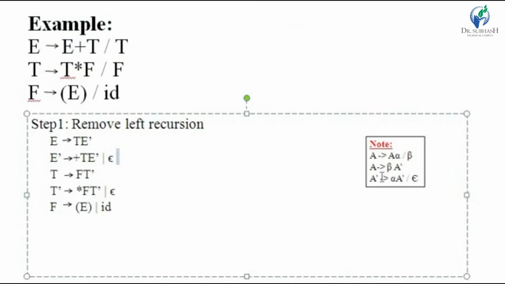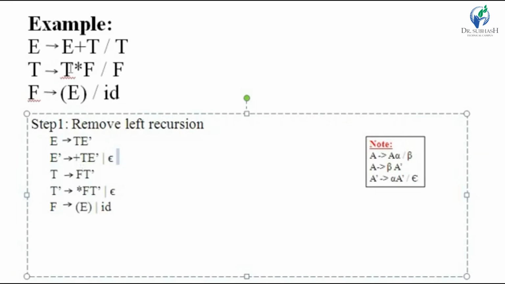So your alpha becomes plus T and beta becomes T. So E gives T E dash, then E dash gives plus T E dash or epsilon.